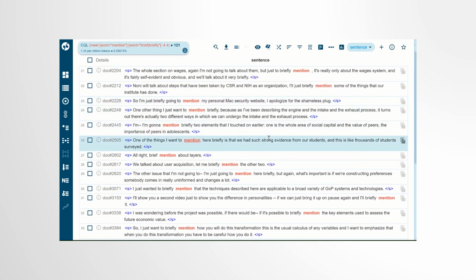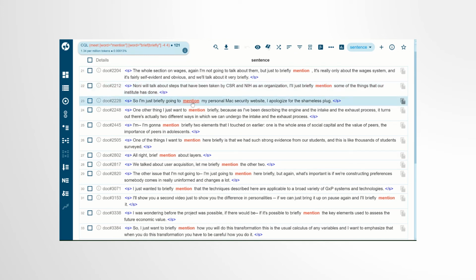Let's just look at the next page. I just wanted to briefly mention that again, or just to briefly mention, which is a little odd grammatically, but you do find lots of these grammatically perhaps not quite well formed phrases in speech.